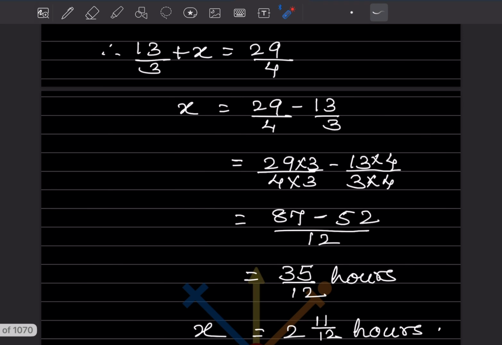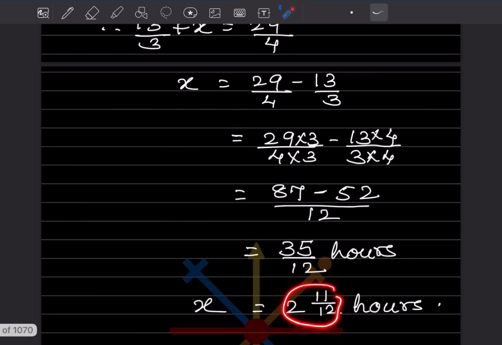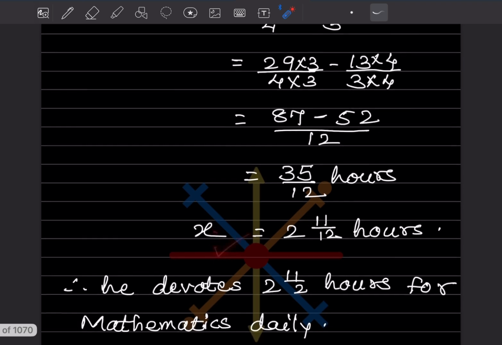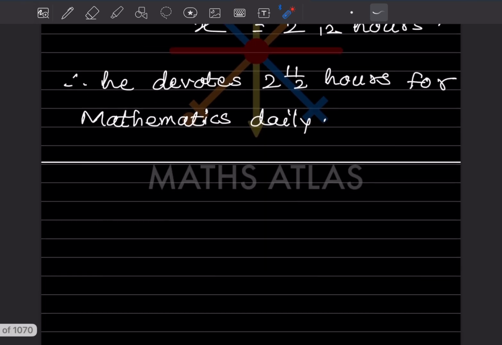So 35 by 12. Again this is an improper one, so we'll make it a mixed fraction. So x is 2 integer 11 by 12 hours. This x we had considered for math. Therefore he devotes 2 integer 11 by 12 hours for mathematics daily.